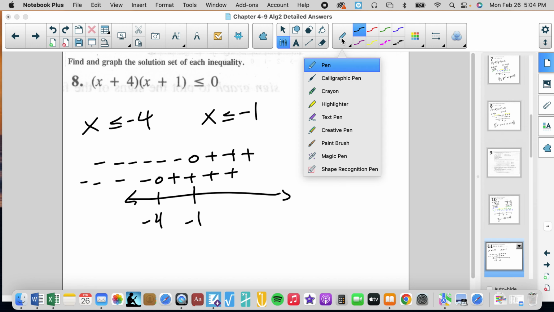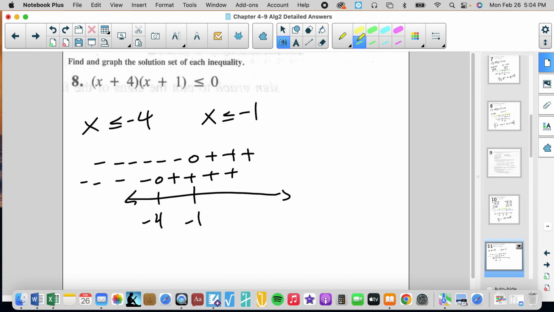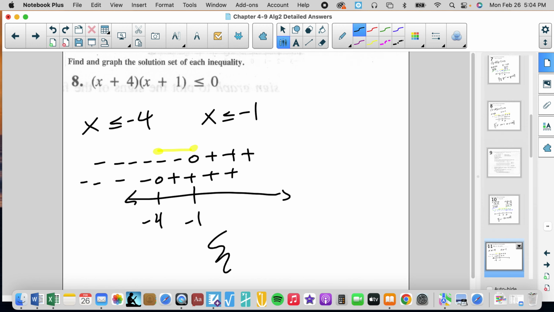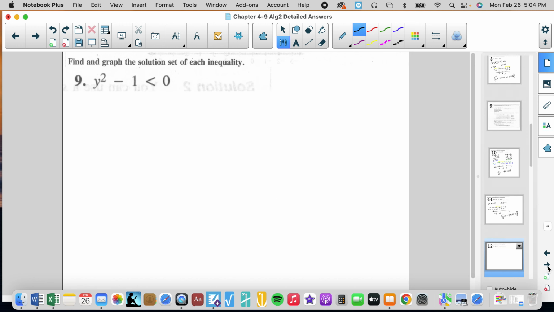So between these two, that will give us negative 4 is less than or equal to x, which is less than or equal to negative 1. Number 8: negative 4 is less than or equal to x, which is less than or equal to negative 1. Wow, so we crushed this. We literally have this figured out.